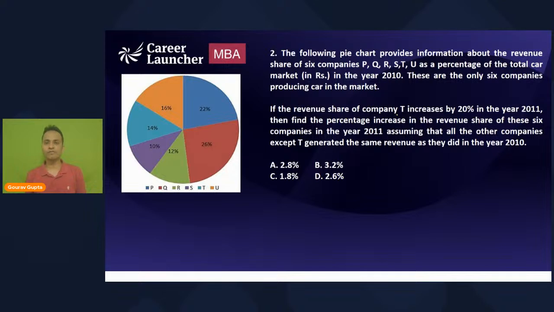If the revenue share of company T increases by 20% in the year 2011, then find the percentage increase in the revenue share of these 6 companies in the year 2011, assuming that all the other companies except T generated the same revenue as they did in the year 2010.